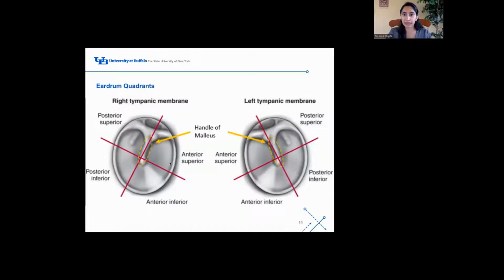You do the same exact thing with the left side. You find the anterior superior quadrant formed by these two landmarks, and since it's on the left side, it's the left tympanic membrane. Usually this is useful for when you need to specify the location of a perforation, retraction pocket, scarring, or really any other findings.